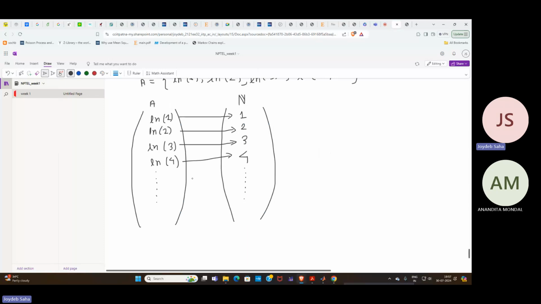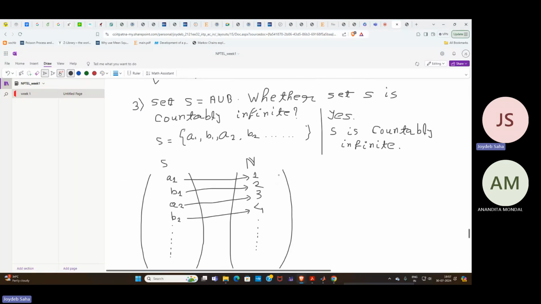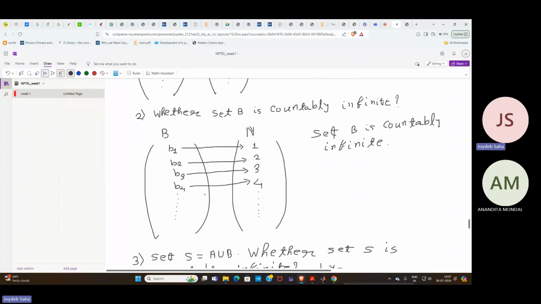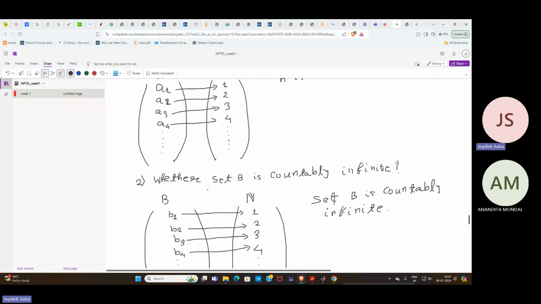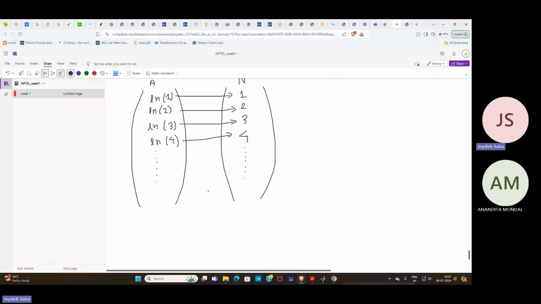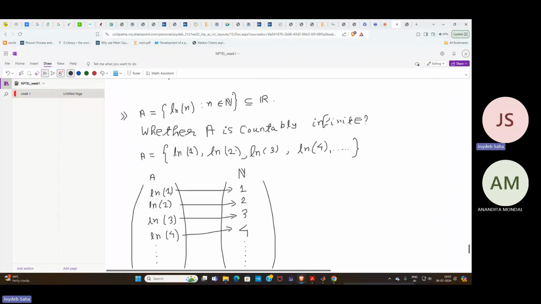We can map it like this. And look, there is no difference between this mapping and this mapping. These are all similar mappings, right?